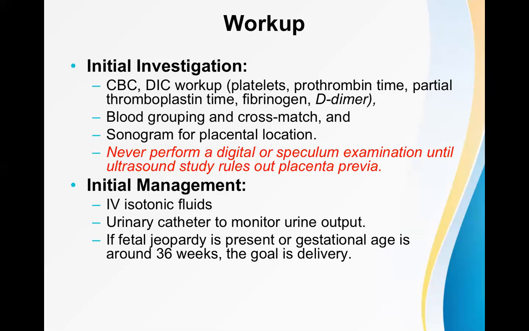We take RBC from the donor and we take plasma from the recipient. Then we match them together. If there is no reaction, then this blood is fit to be transfused. This is called cross matching.